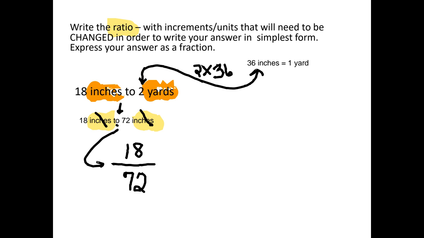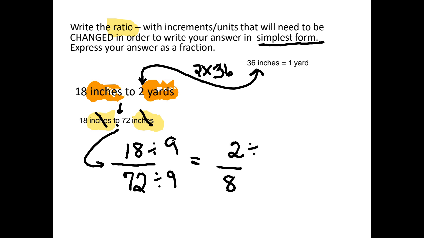That's what simplify means. I'm going to divide by 9. Well, this will give me 2. This will give me 8. But I'm going to have to divide by 2 again, which means this is 1/4.